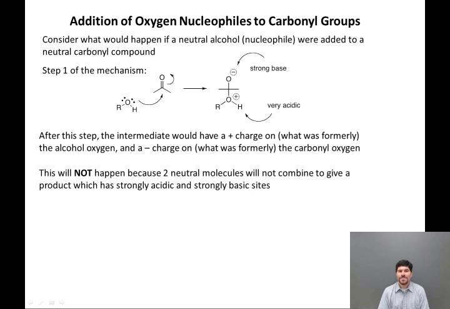This will not happen. This is not a reasonable step in a mechanism because we are starting with two neutral molecules and generating a single molecule that has a strongly acidic and strongly basic site.